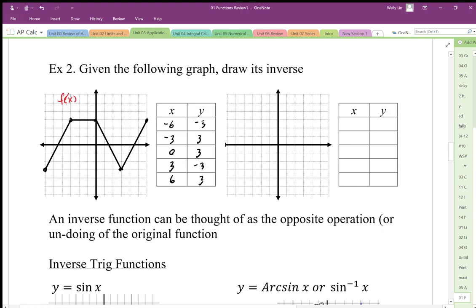Okay, so what I'm going to do then is switch those x's and y's. So all the y's become x's, and all the x's become y's.